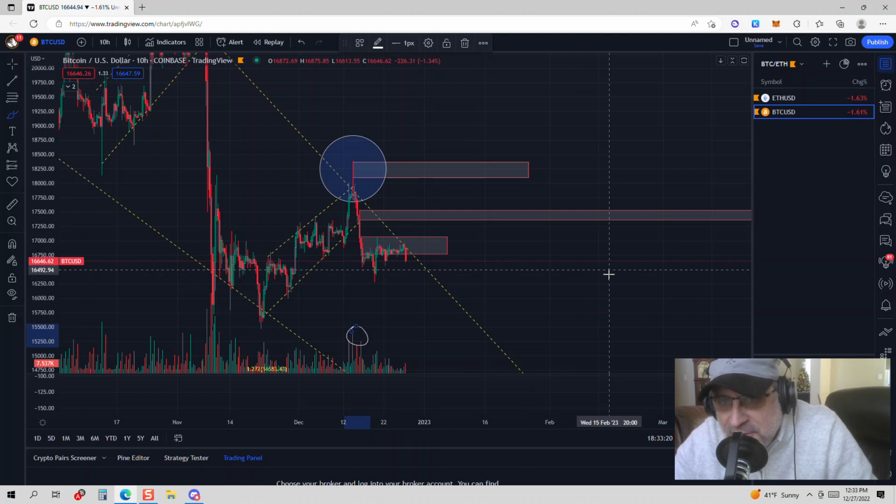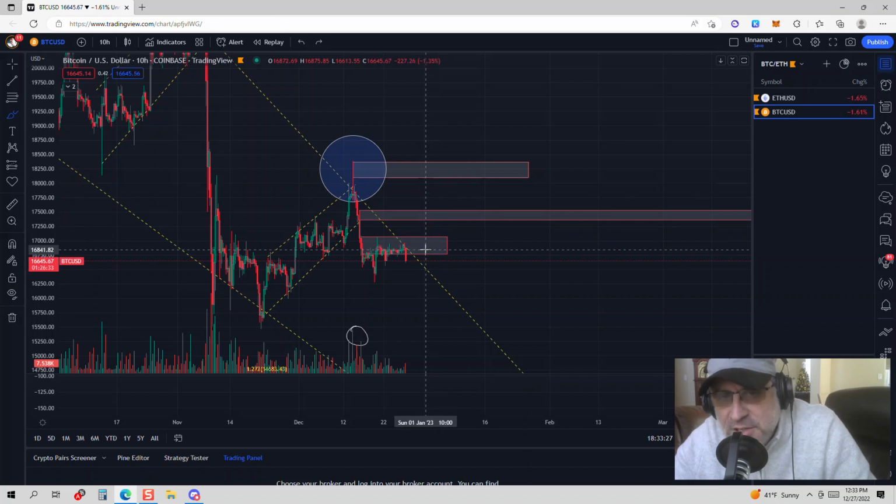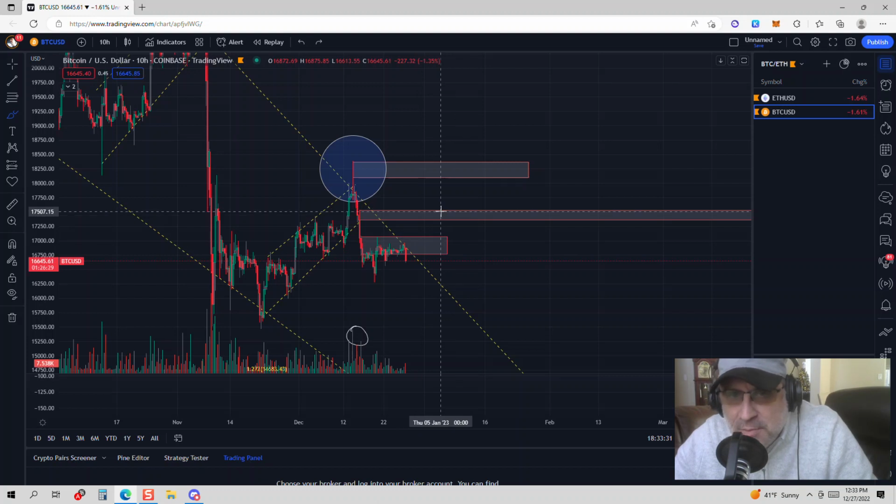And so from the previous videos, you know that I've drawn out these order blocks here, 1, 2, 3. These are areas that we could potentially rally to before the macro pullback, which is pretty much obligatory being in this falling wedge.